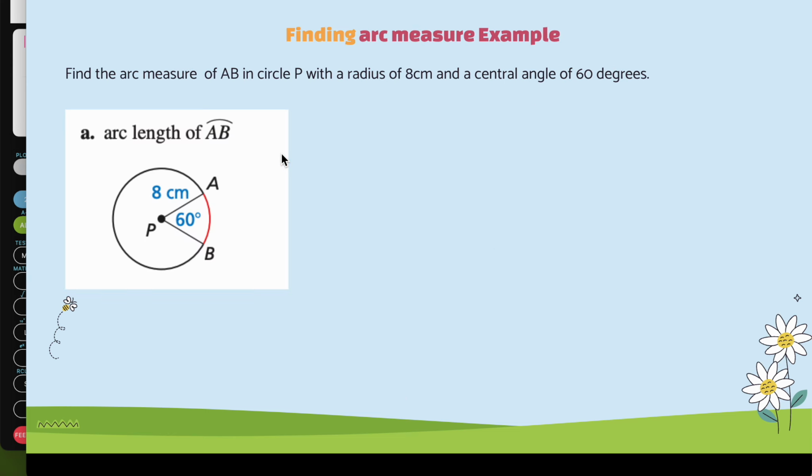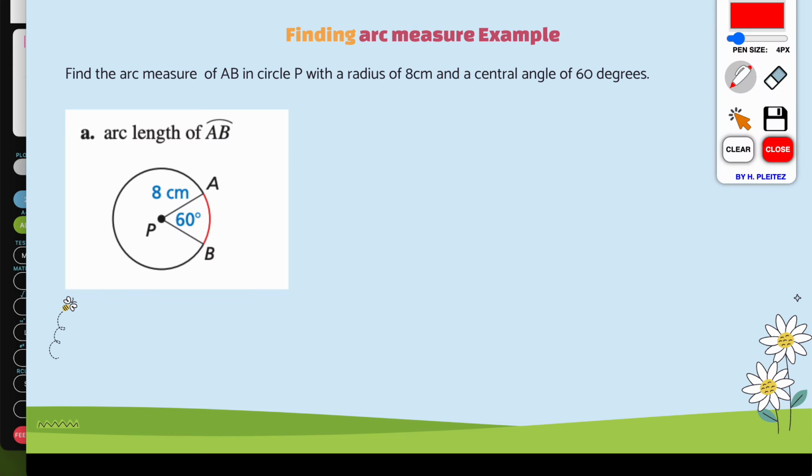So finding the arc measure of the circle below here, in this example, they give us the measure of our central angle. So we know that our central angle is congruent to our arc measure, literally just by the definition. The definition of arc measure says it's the measure of the angle when you connect the two radii to the center, right?